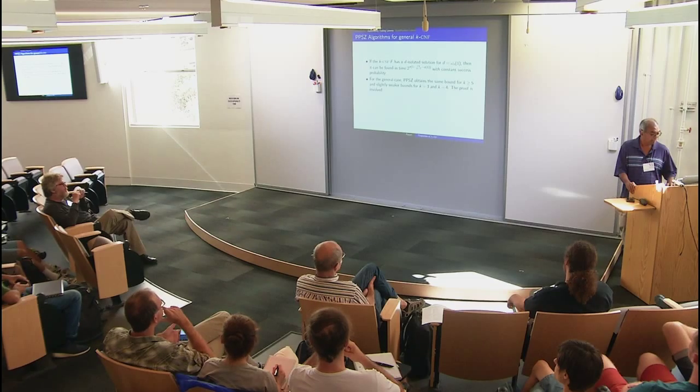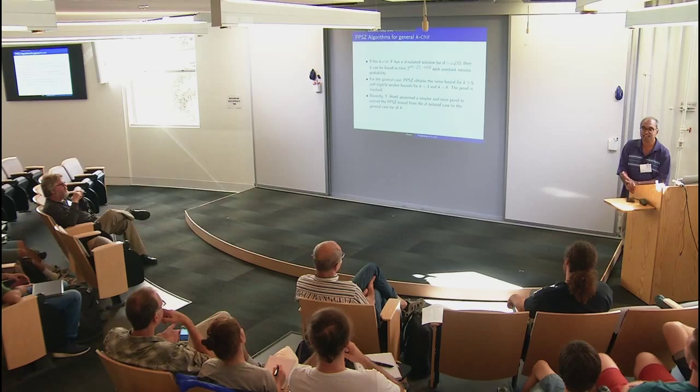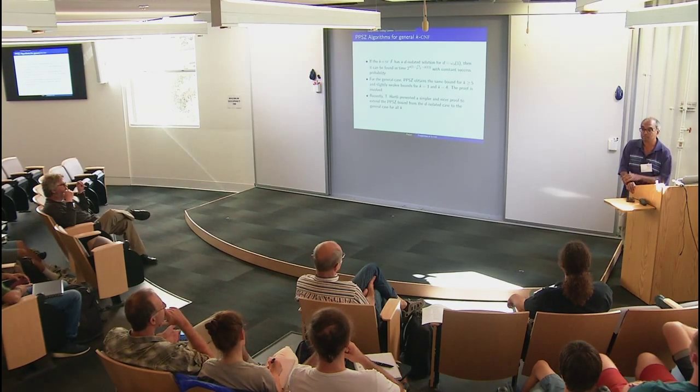But with a nicer and ingenious analysis, Timo solved the problem 10 years after the first publication. He extended the result nicely for all k, with a much simpler analysis. But the analysis builds on the unique case, or the isolated case. That's the basis, and then it extends to the general case.